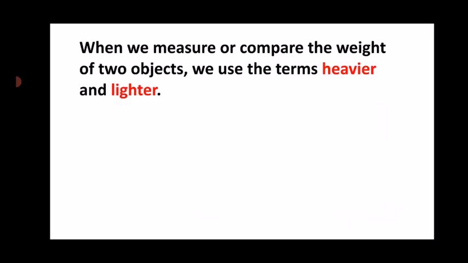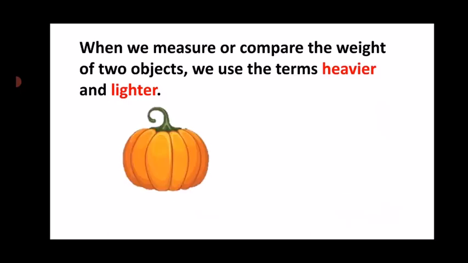Now what do we have here? Yes, we have a pumpkin and a tomato. Do you think there is a difference in their weight? Yes children, the weight of a pumpkin is more than the weight of a tomato. Therefore, the pumpkin is heavier than the tomato.